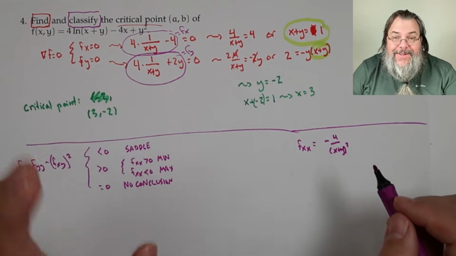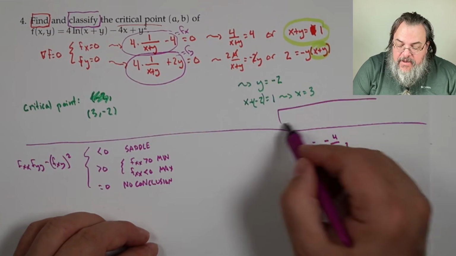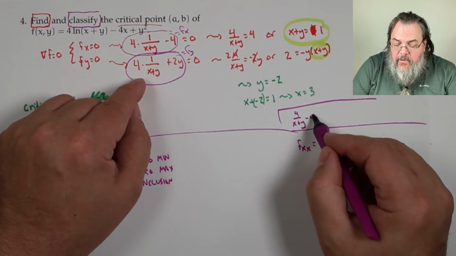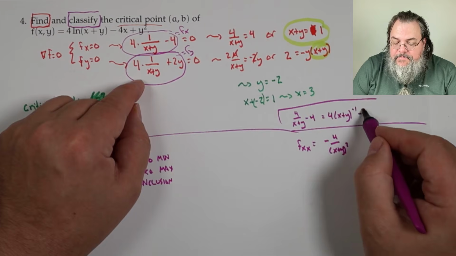If you're wondering how did you do that, note that 4 over x plus y is the same as 4 times x plus y to the minus 1.